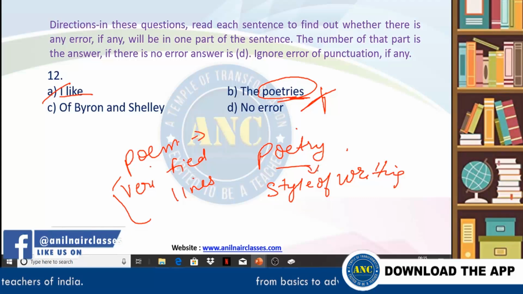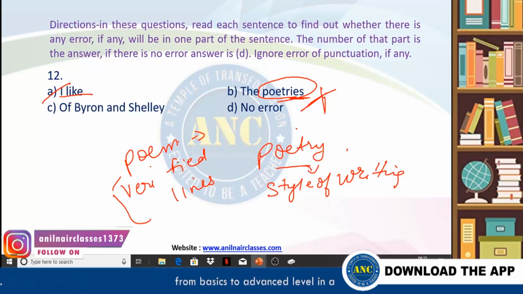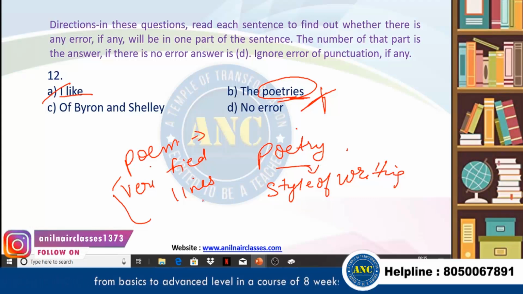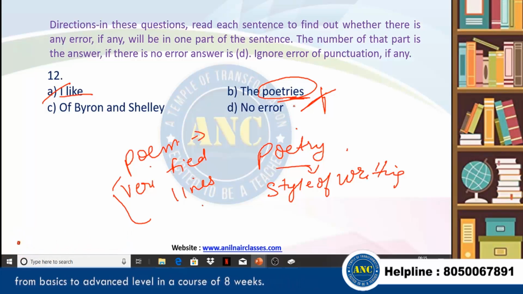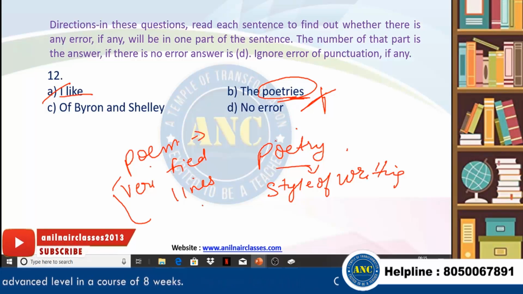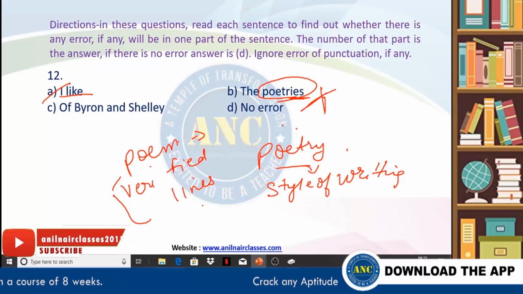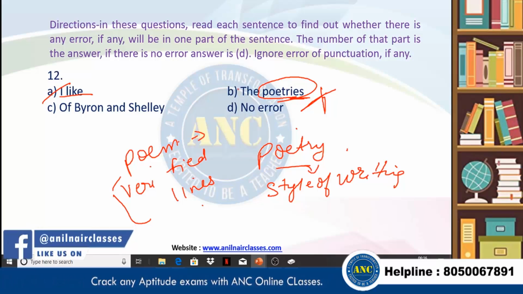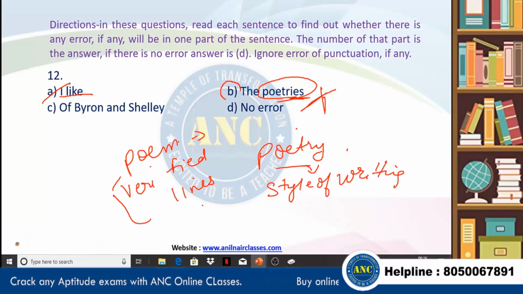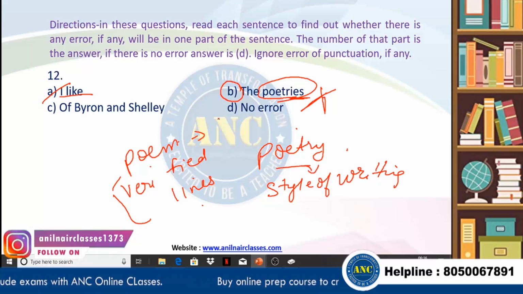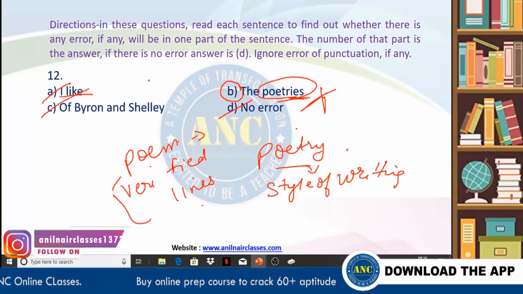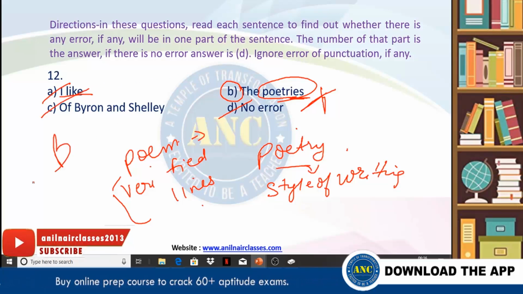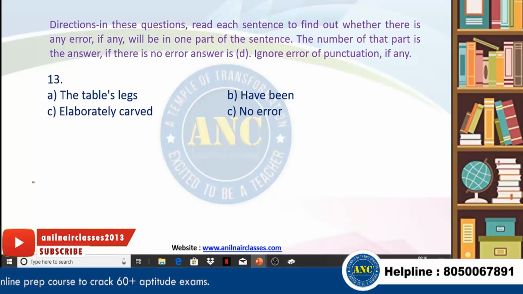Style of writing is called poetry, whereas poem is the versified lines. But there's nothing called poetries. Poetry is like an abstract noun, not present in the plural form. So I know the rule and the reasons, so I'll circle B. I can get rid of C and D. Our answer is B. Great. Let's move ahead to the next question.